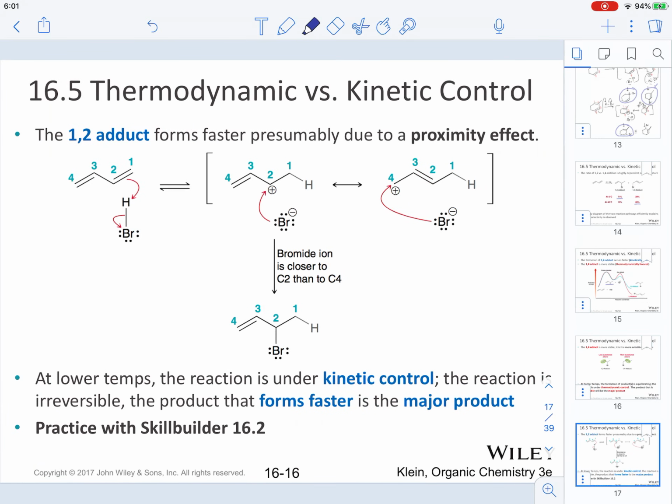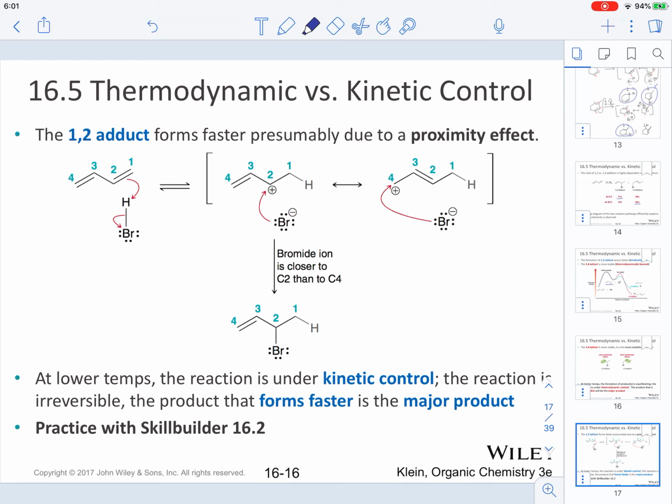Now, remember, the 1,2 adduct forms faster. And when we think about why that is, it is presumably due to proximity effects, okay? One of the things we can take into consideration is that whenever that 1,2 adduct is forming, as you can see, we have the formation of that allylic carbocation on carbon 2, and this is just the way that the diene was numbered.